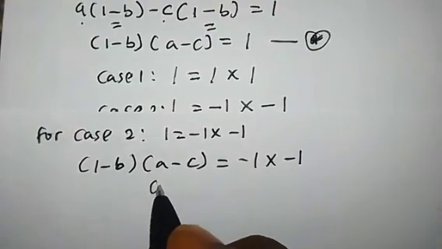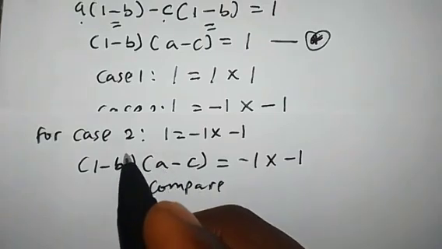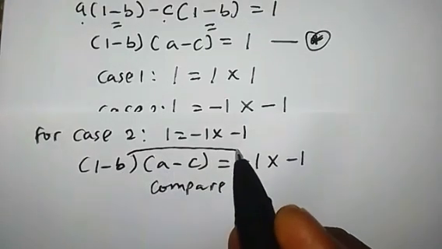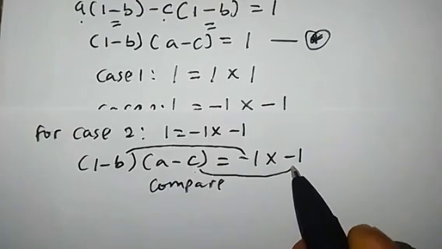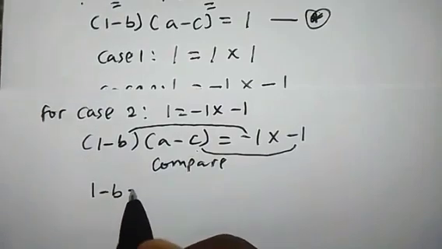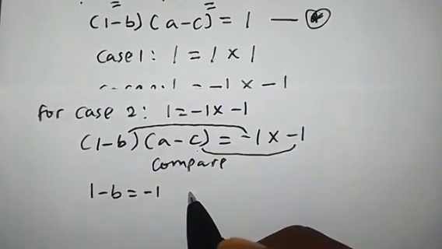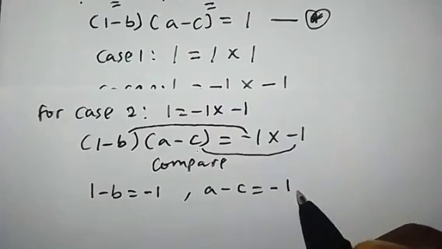Now let us compare. If we compare, 1 minus B will be equal to minus 1, while A minus C will be equal to minus 1 also. 1 minus B equals minus 1. A minus C is equal to minus 1.